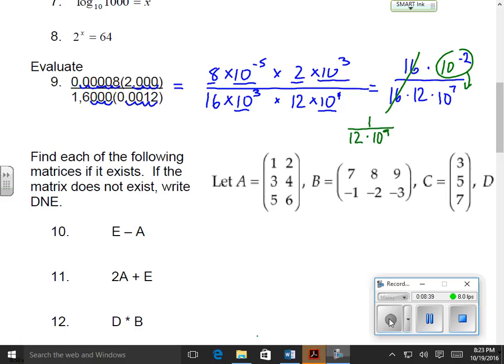And 12 times 10 to the 9th is going to be, we're going to move it over 9 spaces, so it'll be 9 zeros. 12 billion. 1 over 12 billion.